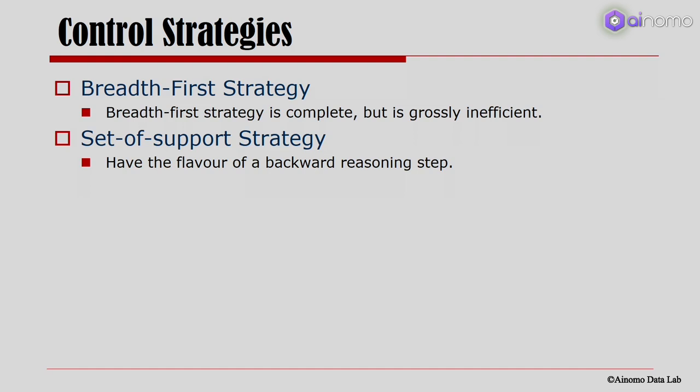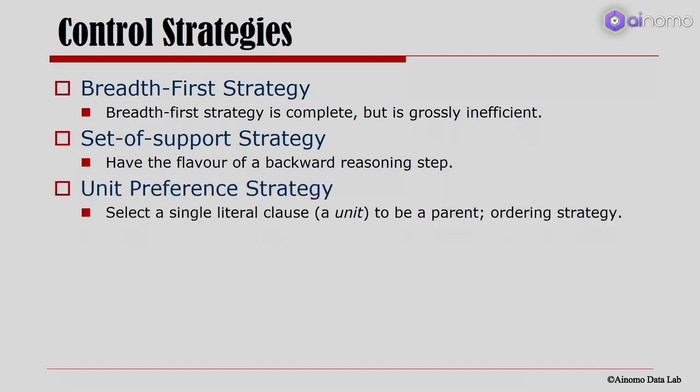The set of support strategy has the flavor of a backward reasoning step, and we will see that it generates fewer resolvents. The unit preference strategy is actually an ordering strategy, and it selects a single literal clause to be a parent and takes a very interesting decision on which clauses to resolve next.